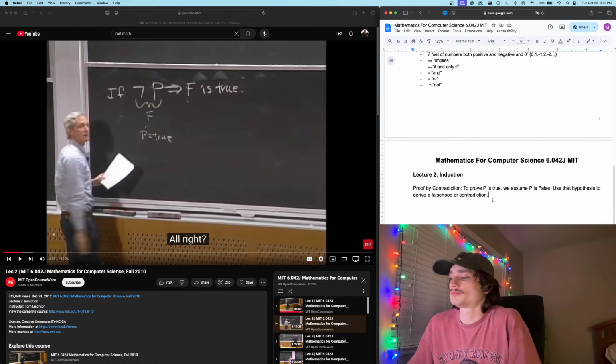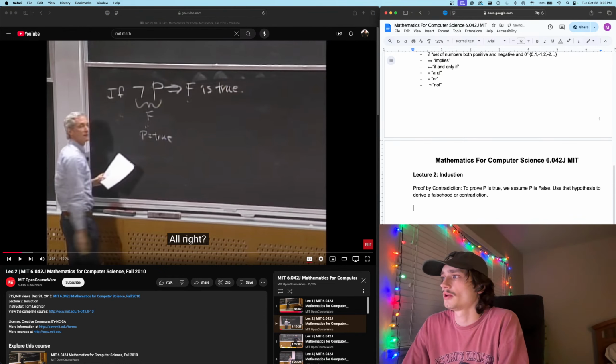So let's do an example here. I'll put this in a different notation later, but we want this symbol here.